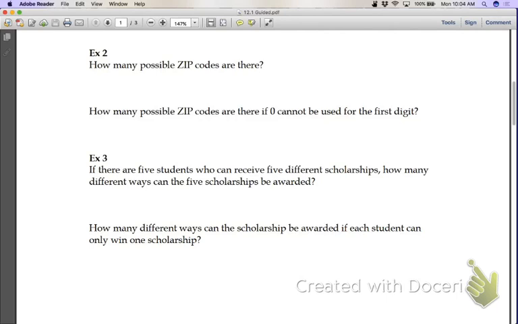So then in this case, it says, how many possible zip codes are there? Zip code right here in Liberty, 64068, right?